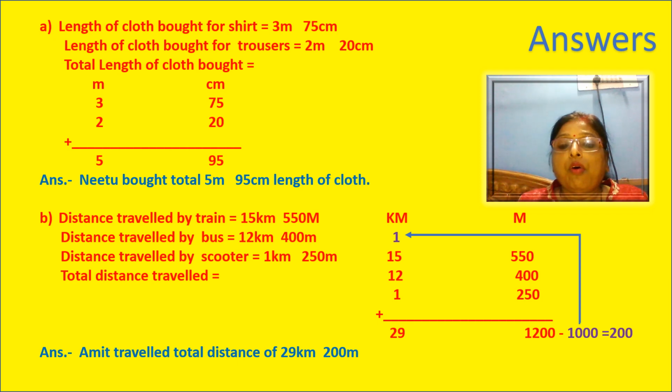Here in meter you are getting 1200 meter, which is more than 1000. So 1000 meter will be included in kilometer. I have shown this with the help of this arrow. Now your final answer is: Amit traveled a total distance of 29 kilometer 200 meter.